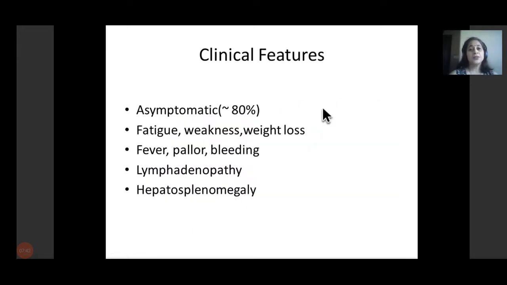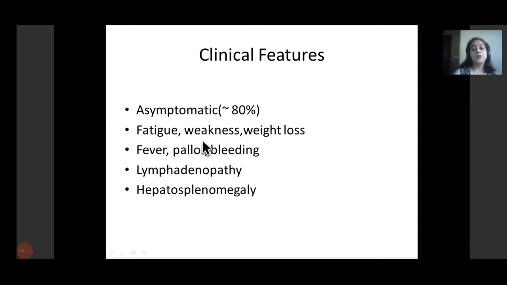So it is understood that the clinical features will be either asymptomatic. Why? Because the cells are in the quiescent phase, dividing very slowly, and they remain like that for quite some time. They do not occupy much of the bone marrow, and they will be just silent with very mild anemia, or maybe mild lymphadenopathy, or maybe not that.